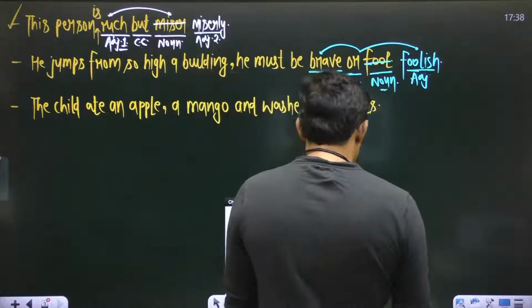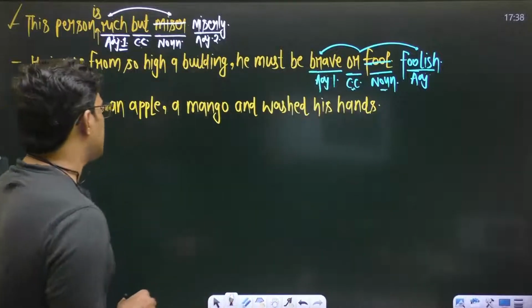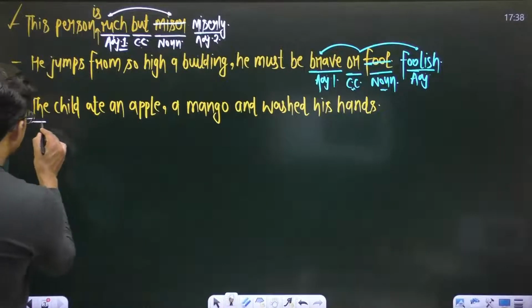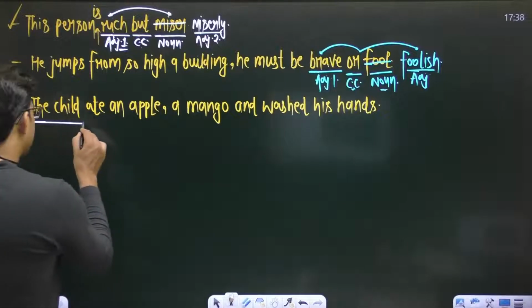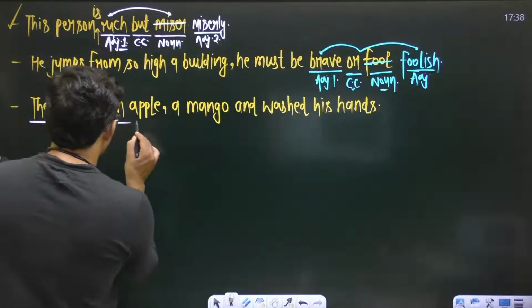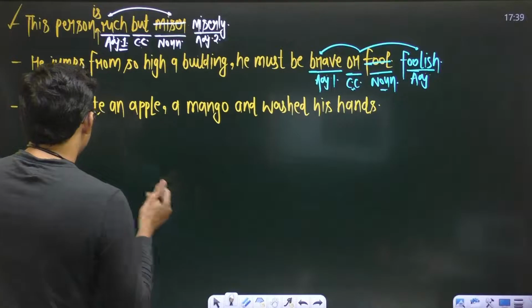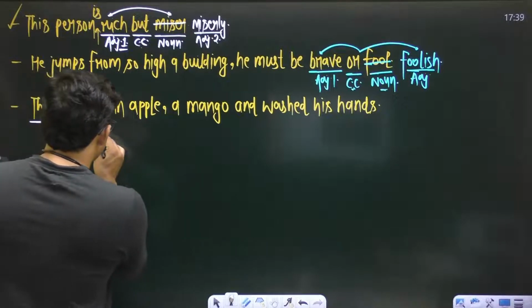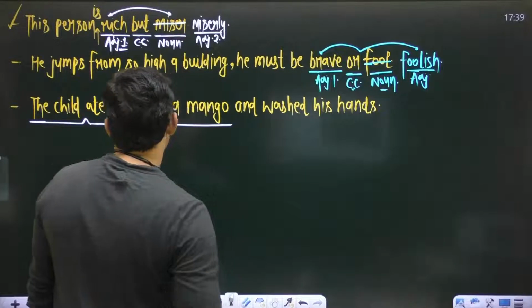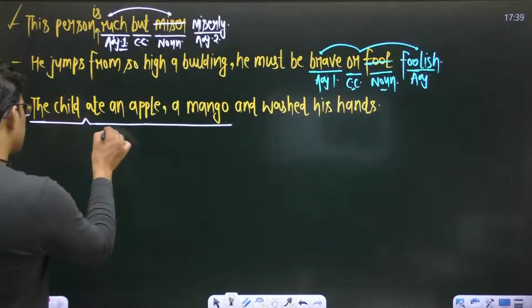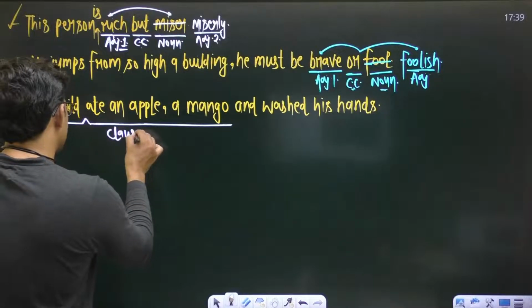Let us learn. In this sentence, you know it very well, we have a subject, and the subject is what? Child. And what is the predicate? Ate an apple, comma, a mango, right? This is the first clause.